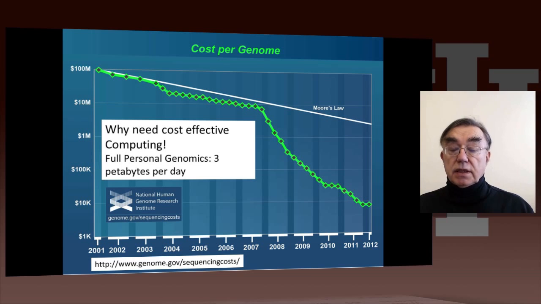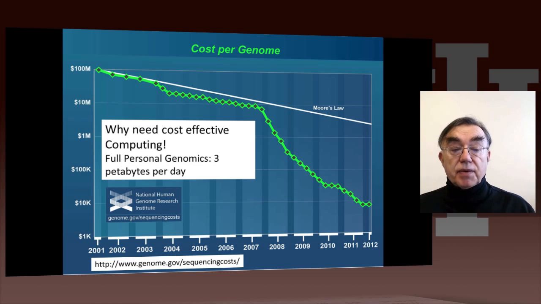You can see that starting in 2008, there was a dramatic decrease in the cost of genome sequencing compared to the reduction in cost of computing. And now that's over a factor of 100 difference, which points out a well-known remark that if you start asking how much computing it takes to process these genomes, the computing cost is getting more and more significant because the cost of getting the data is going down so much faster than the cost of computing.